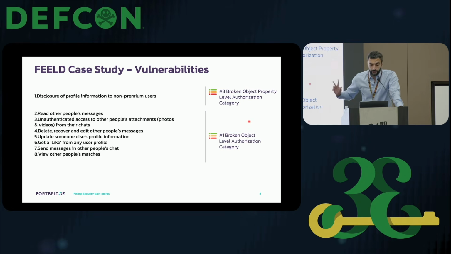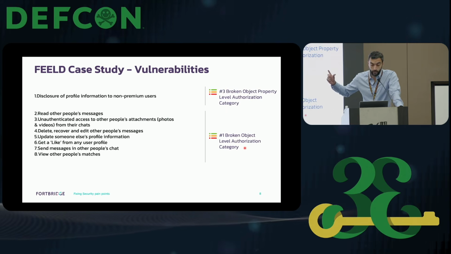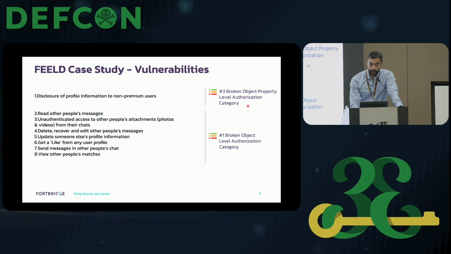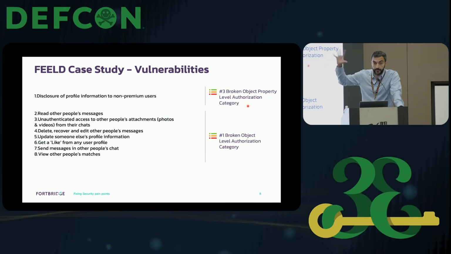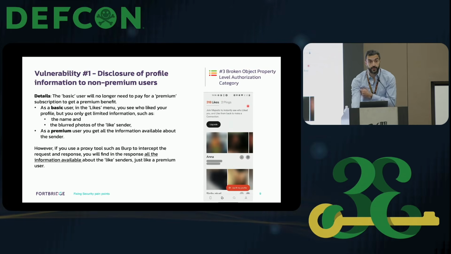What's the difference between these two? The BOLA category refers to unauthorized access to a whole user, to a whole object, whereas the BOPLA category refers to unauthorized access to a specific property within an otherwise allowed object.